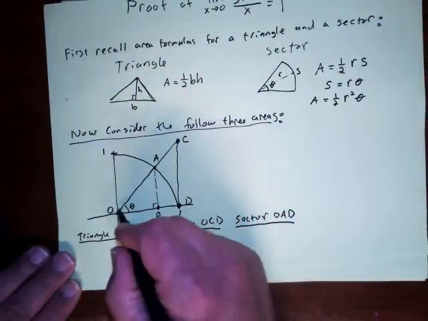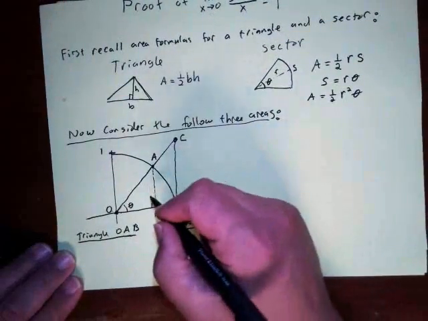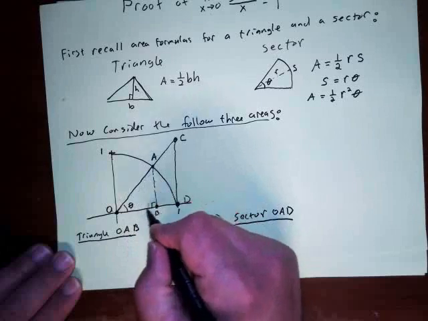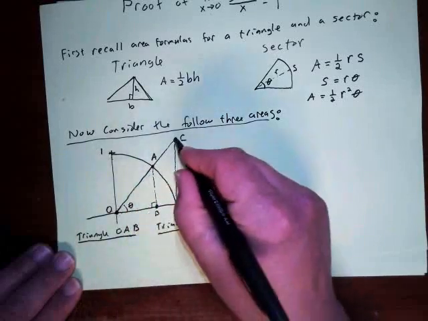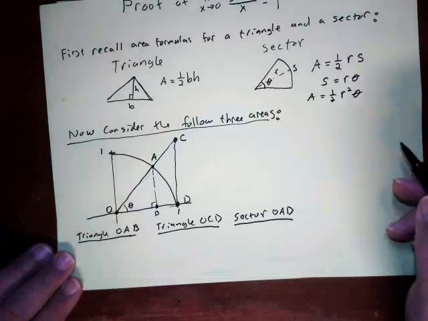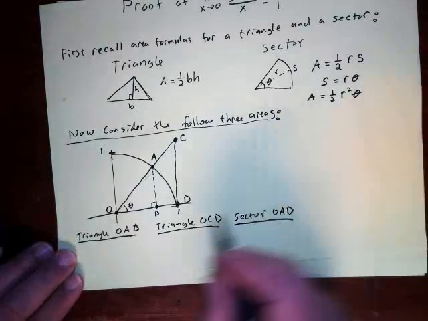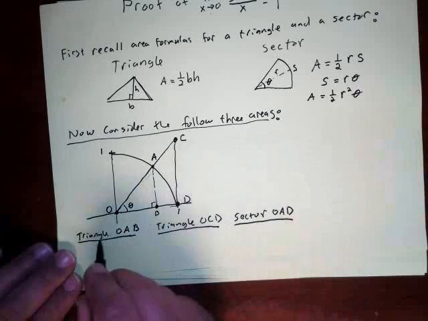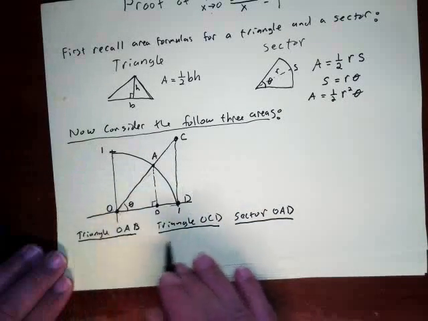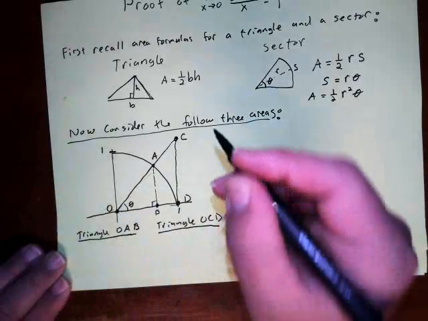So notice the area of that sector is actually trapped between the area of this little triangle and the area of that big triangle. So you could write that the area of this sector is between the area of these two triangles. So now let's see if we can come up with expressions for these three areas.